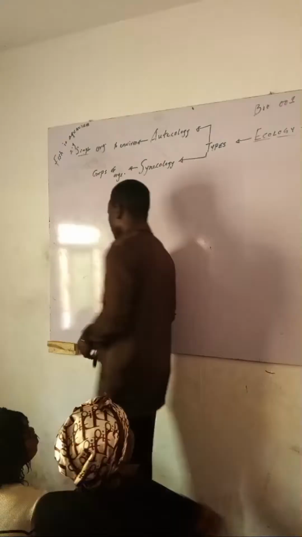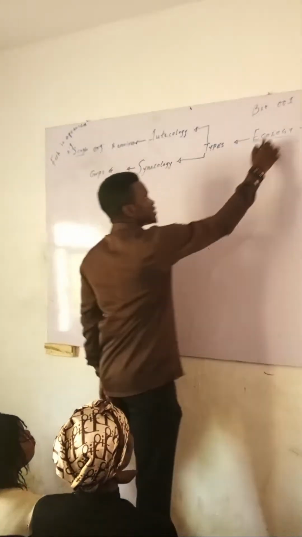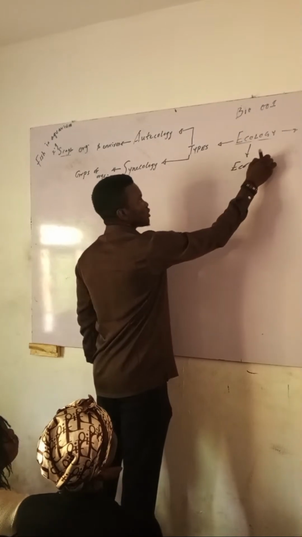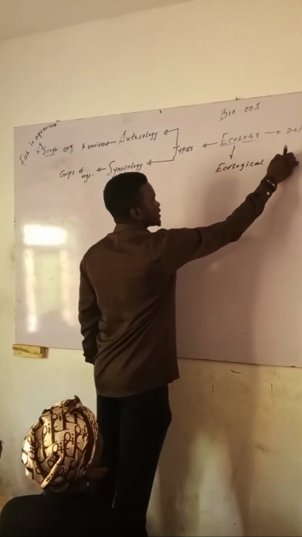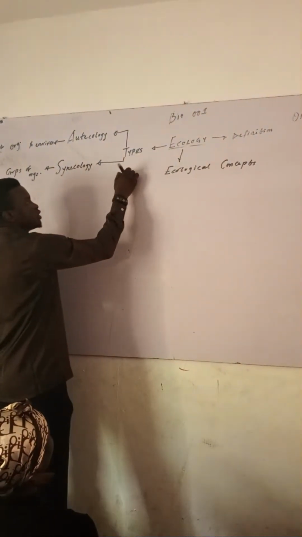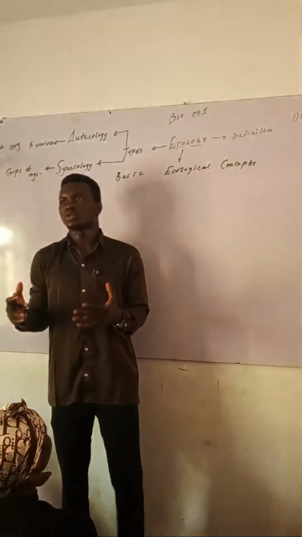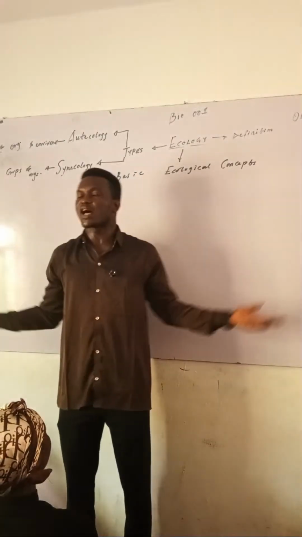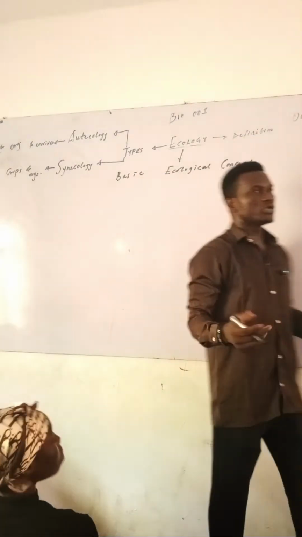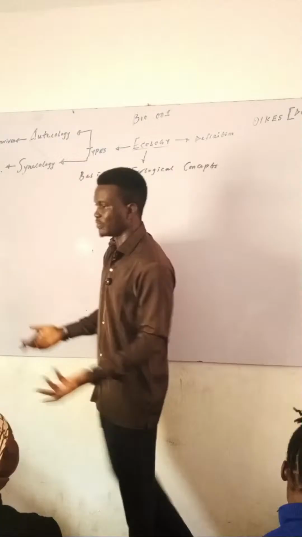Now, when you're talking about Autecology and Syncology, there are some concepts we use when we are talking about ecology. We call these basic ecological concepts. When you're talking about introduction to ecology, you hear a lot of terms. As much as possible, the first term, which might be the lowest, is the organism itself. Abi?